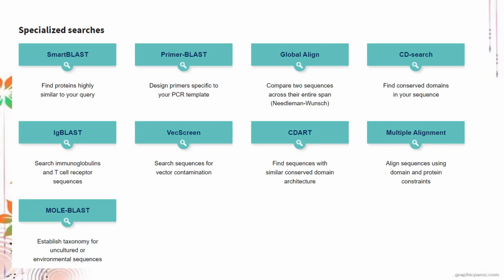The CD Search is for conserved domains, finding specific conserved domains in the regions. It can be used for very distantly related proteins or even proteins that are not actually related to one another but are classified in the same classification because they share some conserved domain, some parts of their structure, for example, the zinc finger.